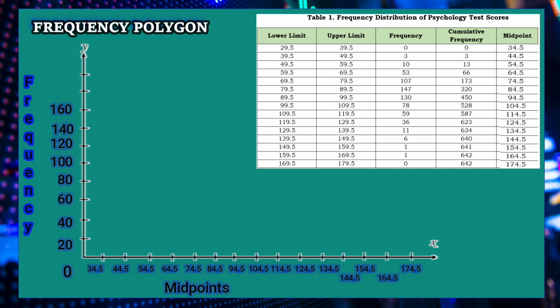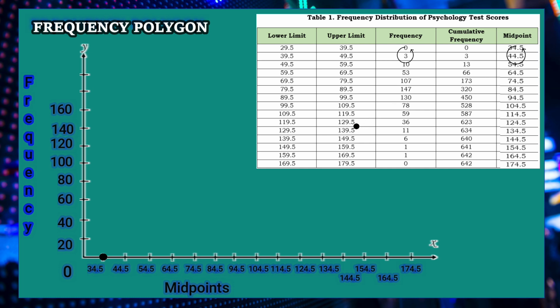For class 1, we have a frequency of 0 and a class midpoint of 34.5. Find this value on the graph where these two values intersect and then plot using a dot. For class 2, we have a frequency of 3 and a class midpoint of 44.5.